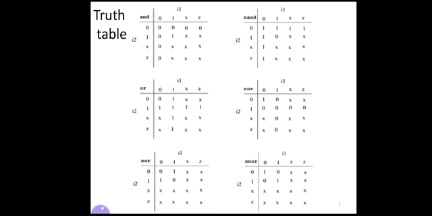If both the inputs are 0 or both are high, that is, if you have an even number of ones in your input, then the output will be low. You can use the Boolean expression also, A XOR B is A bar B plus A B bar. So based on that, the truth table is written here.